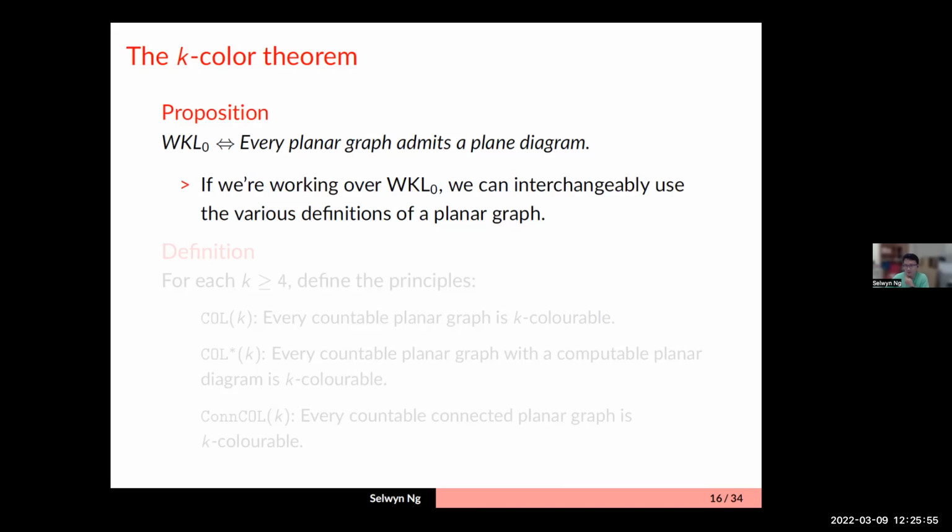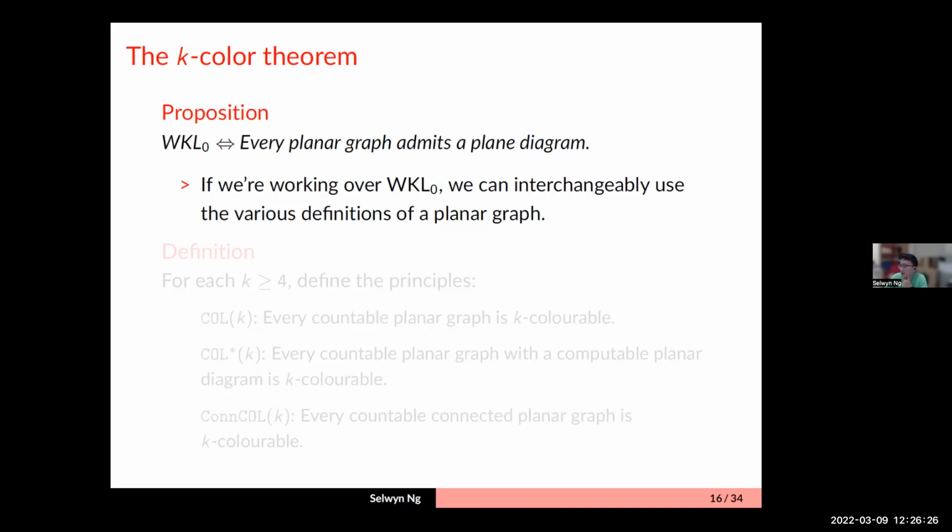Keita, go ahead. So if we just consider the non-uniform version, meaning just computable reduction, does everything collapse to either WKL or trivial, or can there still be intermediate things? No, there will still be intermediate ones, because you can still do the diagonalization.